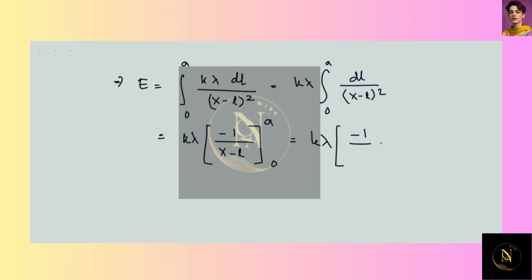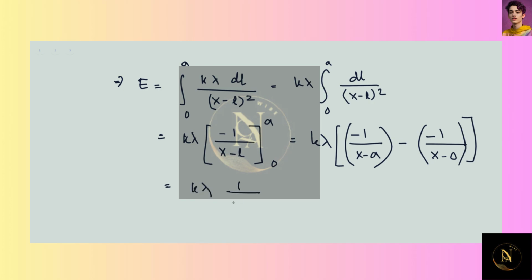So we have negative 1 over x minus a, the upper limit, minus negative 1 over x minus 0, the lower limit. And this gives k times lambda times 1 over x minus a minus 1 over x. Let me cross check.